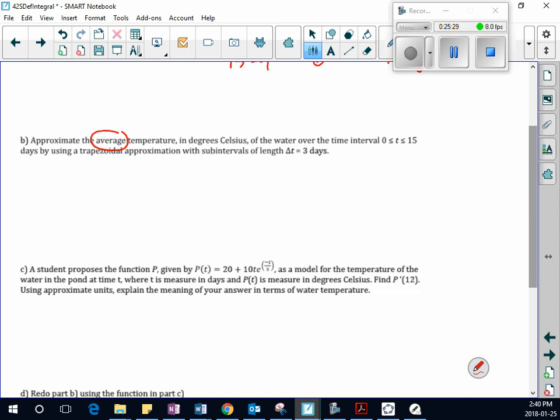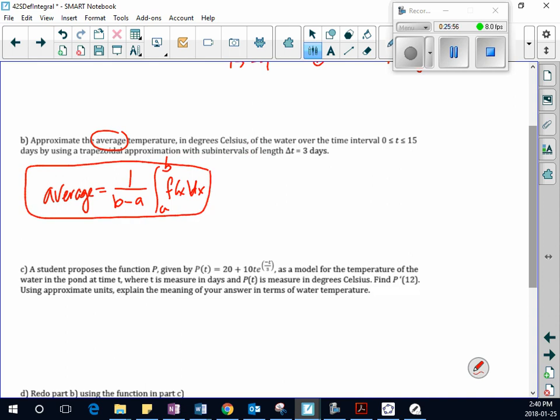Some of you have done, oh, there's a formula. Yeah, so average equals 1 over b minus a times the integral from a to b of some f of x dx, right?